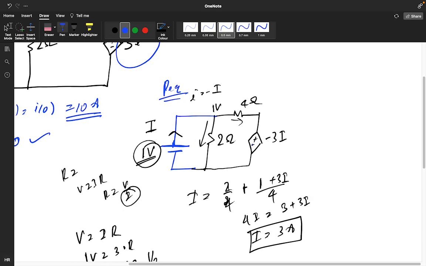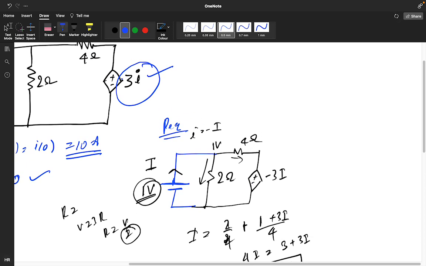This is your voltage source. Though it is dependent, it's your voltage source. See, it's given like plus minus. If it was a current source, the denotation would be like this. Okay, sir.